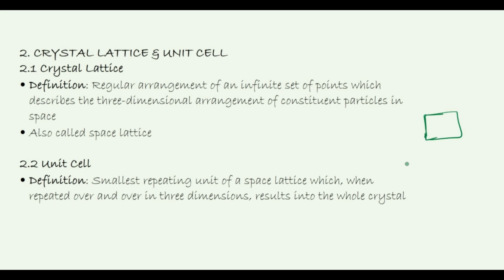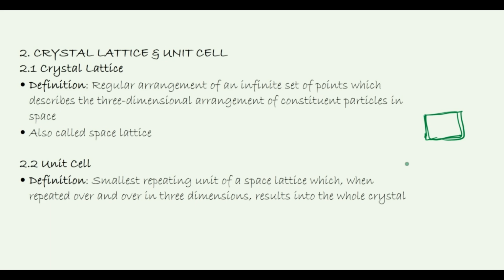The small cubes together make the large cube, right? Similarly, here also it is following a regular arrangement of an infinite set of points, which describes the three-dimensional arrangement of constituent particles.